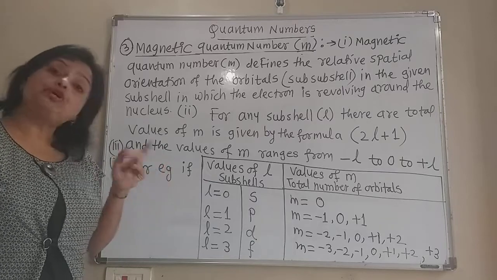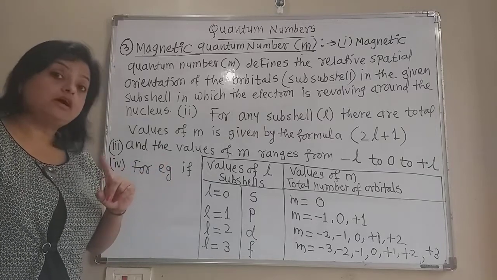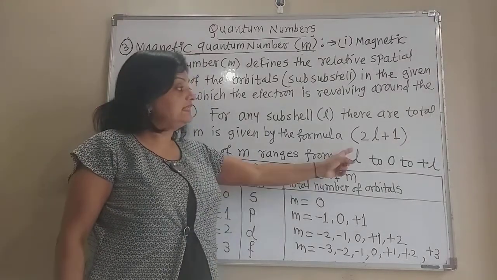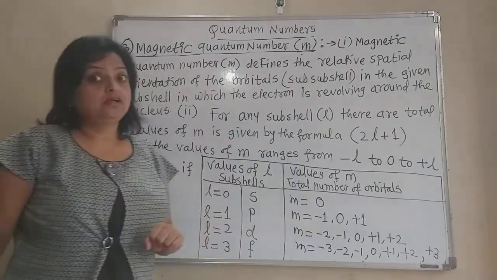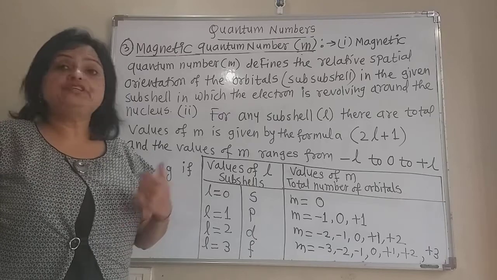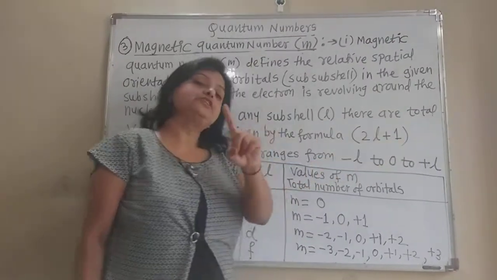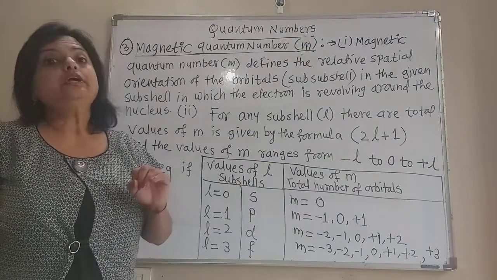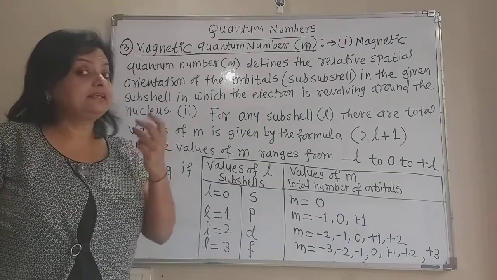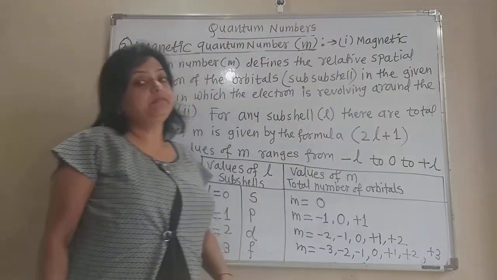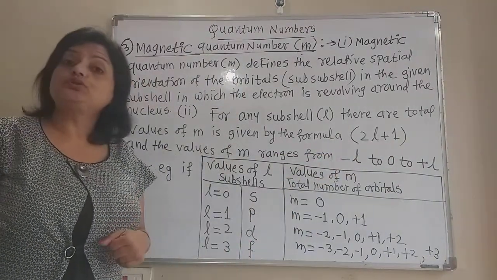So when L is equal to 0, there is only one orbital, because 2 multiplied by 0 plus 1 is equal to 1. If L is equal to 1, then there are 3 orbitals: 2 into 1 is 2, plus 1, that is equal to 3.